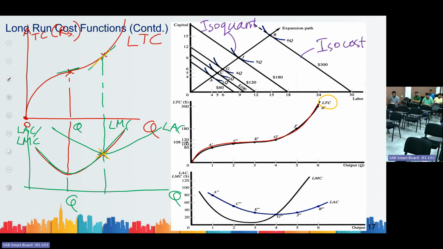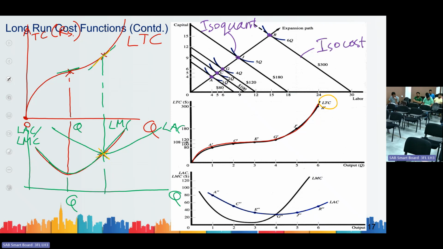So when isocost curves and isoquant curves are tangent, these are the maximum production levels that can be produced under the given cost. So with $80, we can produce 1 unit of output. With $100, we can produce 2 units of output.